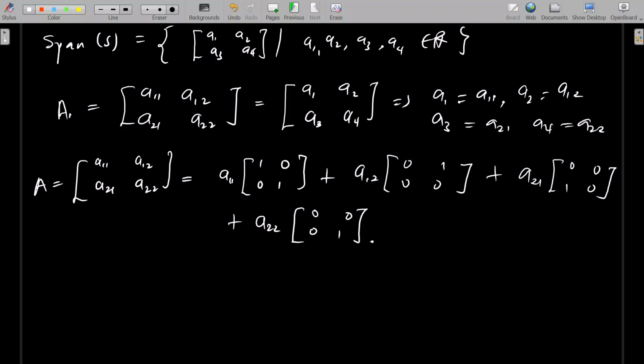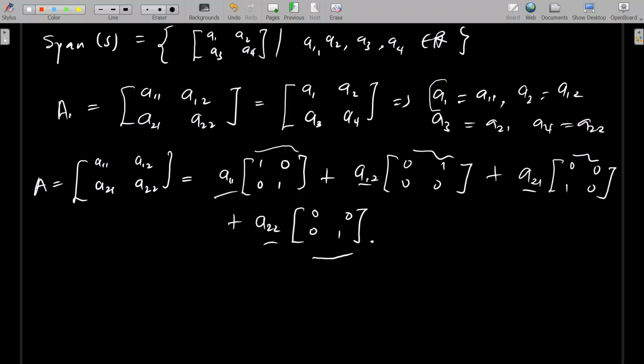So for any general matrix A, it can be written as a linear combination of the vectors in our set, and that belongs to the span of S, because these are just real numbers, and that is the span definition.